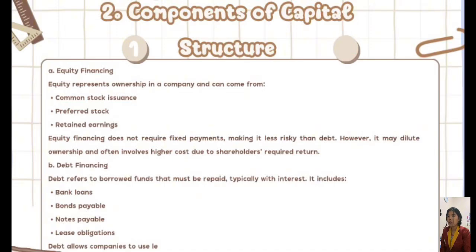Equity financing does not require fixed payments, making it less risky than debt. However, it might dilute ownership and often involves higher costs due to shareholders' required return.